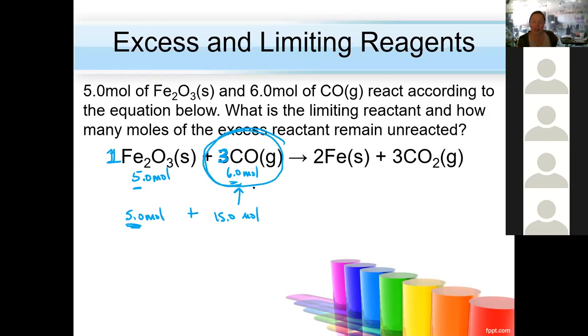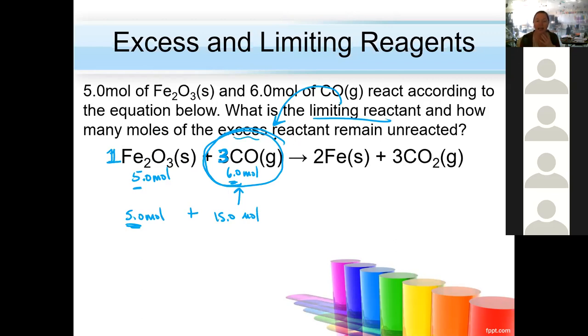The carbon monoxide. Even though there's a greater number of moles of carbon monoxide, because my ratio is 1 to 3, I need 3 times as much carbon monoxide as iron 3 oxide. If I have only 6 moles, that's not enough to react with all 5 moles of the iron oxide. So my limiting reagent is going to be the carbon monoxide.